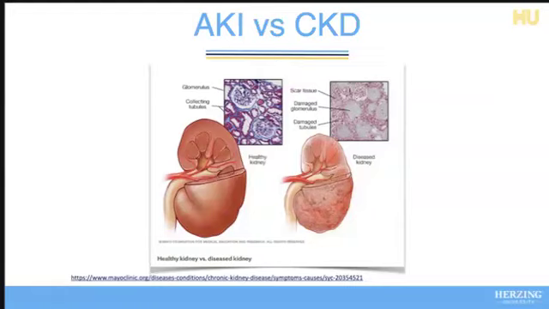We see bone and mineral disorders, so hypocalcemia, renal osteodystrophy. We have cardiovascular complications. We talked about hypertension. Heart failure is another one to consider, and then pericarditis. Neurological complications, and we can see encephalopathy or peripheral neuropathy as well.